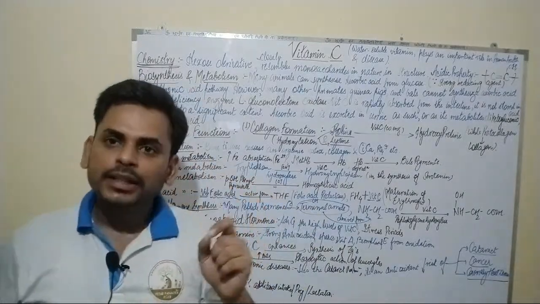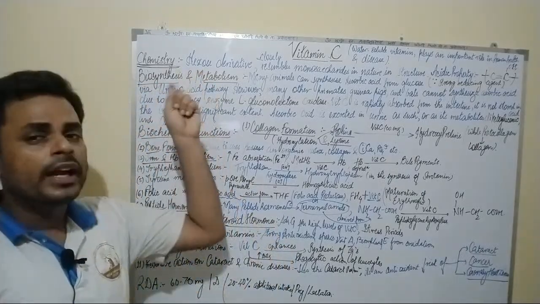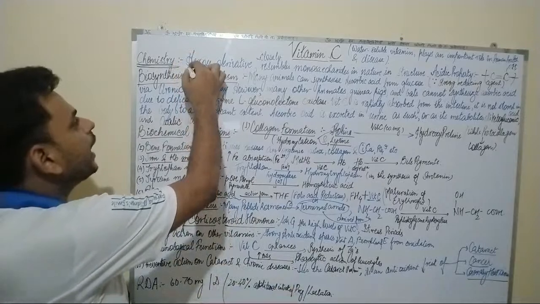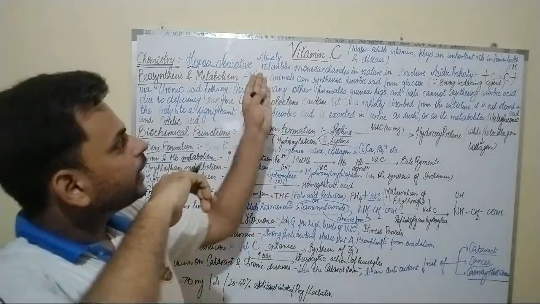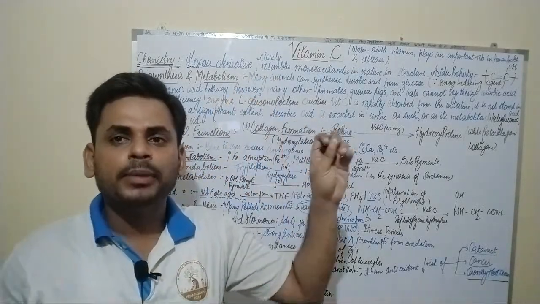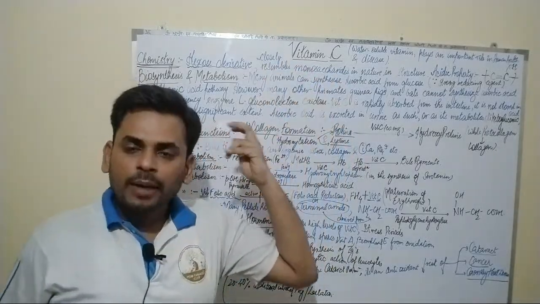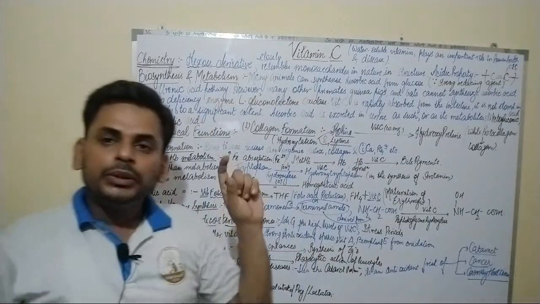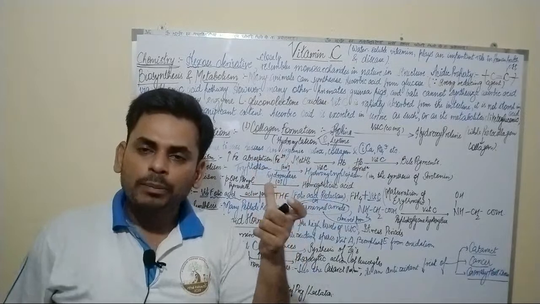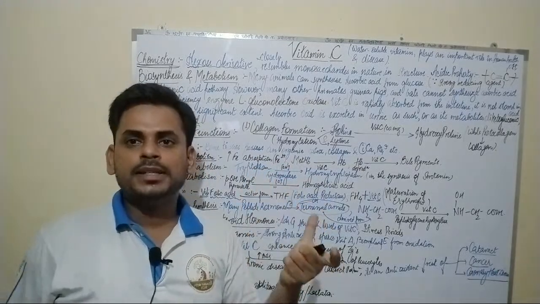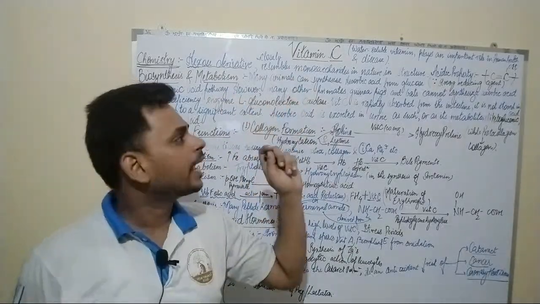So when looking at the chemical structure of vitamin C, it is derived from a hexose type of sugar, and it very closely resembles the monosaccharides among the hexose sugars. The structure of ascorbic acid, which is vitamin C, closely resembles the monosaccharides.